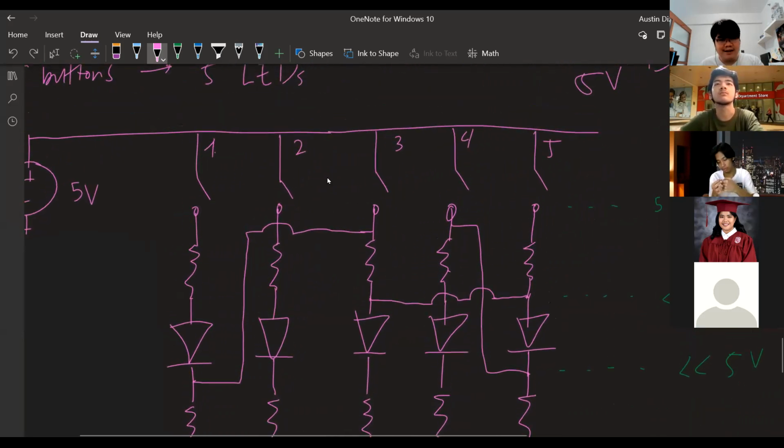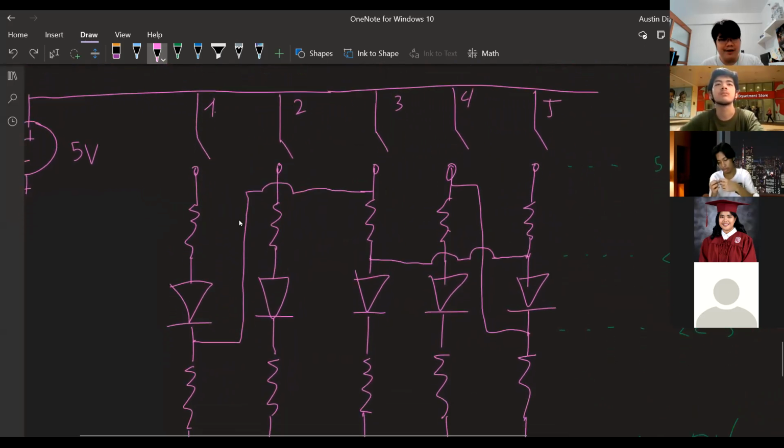Alright. Will I satisfy again the voltage kapag pinindot ko lahat ng sabay-sabay? Pag pinindot ko lahat ng sabay-sabay, press ko si 1, press ko si 2, 3, 4, 5. 3 will always turn off 1. And then 4 will turn off 5. Okay? 4 will turn off 5.